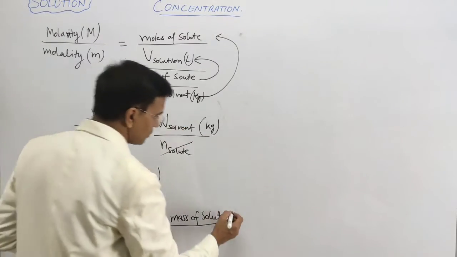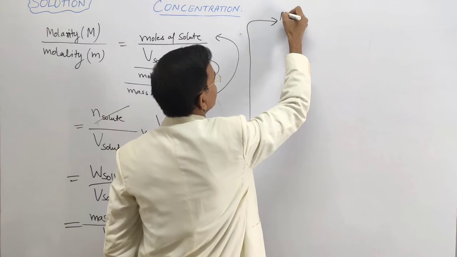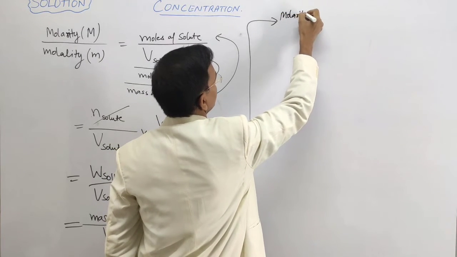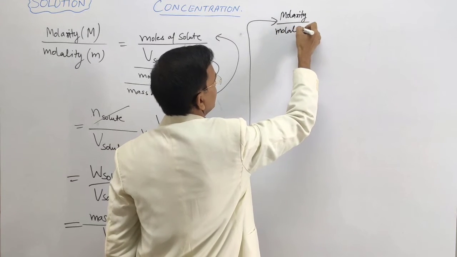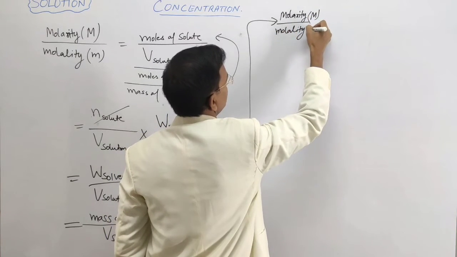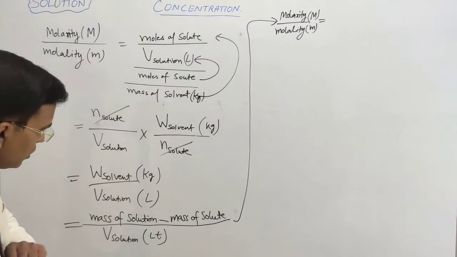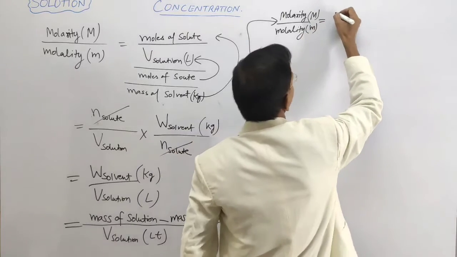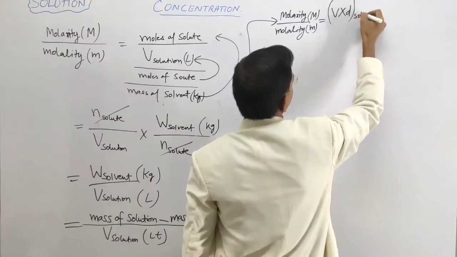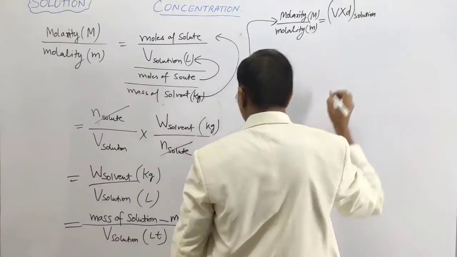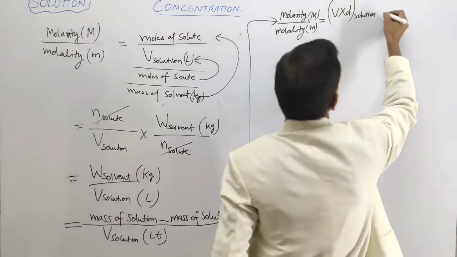So here molarity upon molality, capital M upon small m, is equal to volume of solution multiplied by density of solution minus mass of solute.